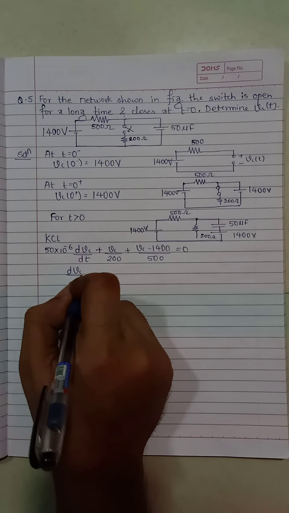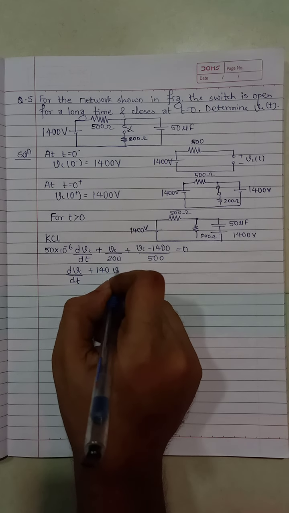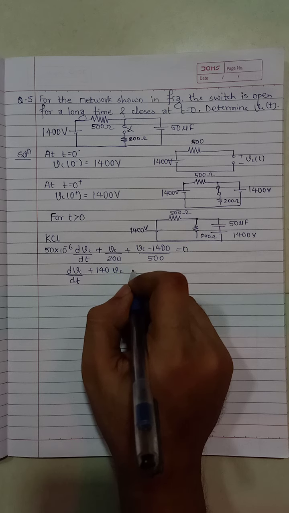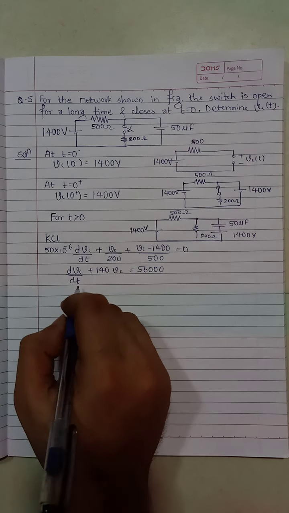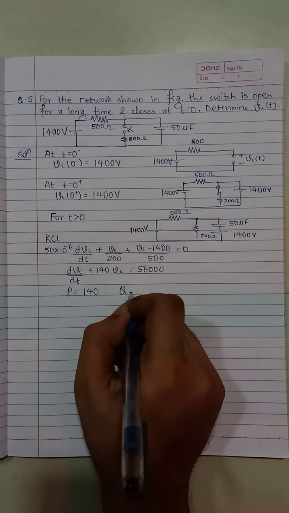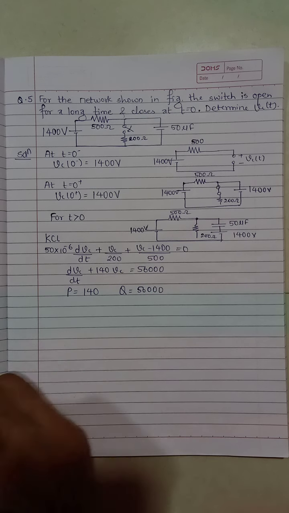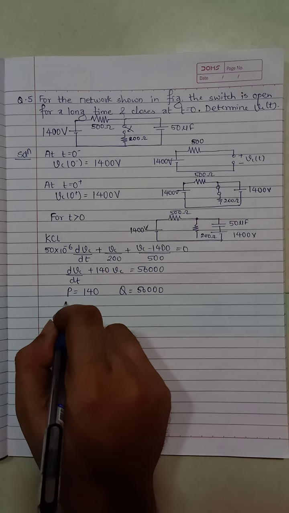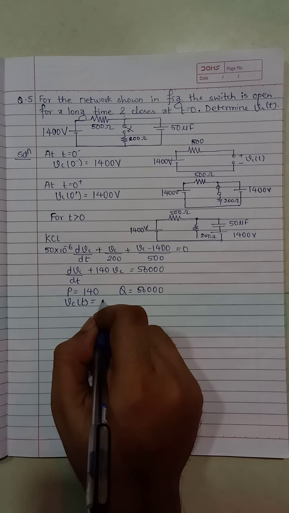So dVc by dt plus 140 Vc is equal to 56,000. So from this we can say P is 140 and Q is 56,000.